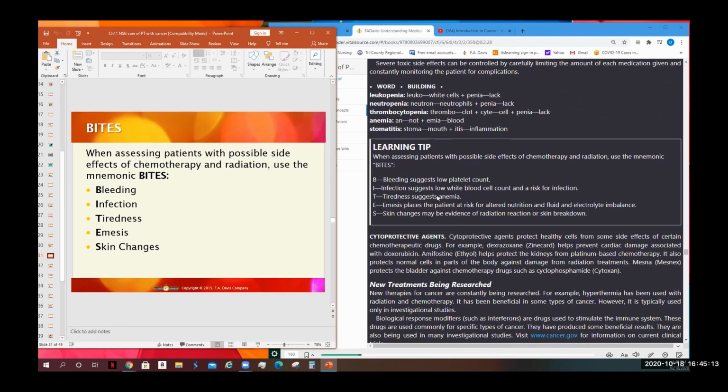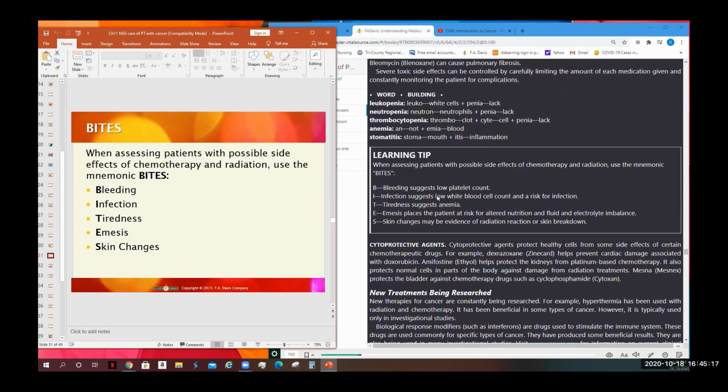When assessing patients with possible side effects of chemotherapy and radiation, use the mnemonic BITES. The B is bleeding. Bleeding suggests there's a low platelet count. I for infection, which suggests a low white blood cell count and a risk for infection.